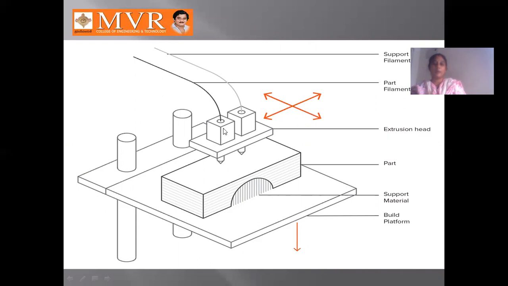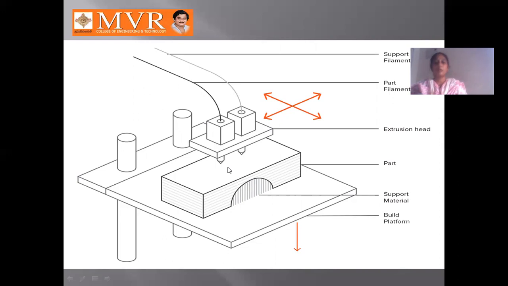This is the part filament, which will be attached to the support filament, and by this process the needle will be extruded, and this extruded material will be slowly reduced or slowly increased through the process, which will be additive to the output of the material.